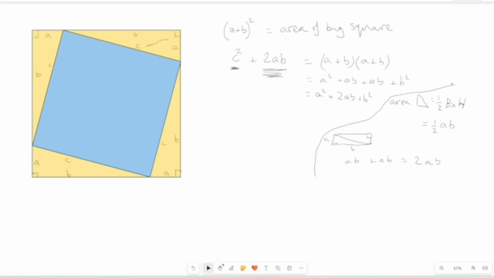Let's just keep them separate. And that's equal to C squared plus 2AB. We just bring those ones down from there.